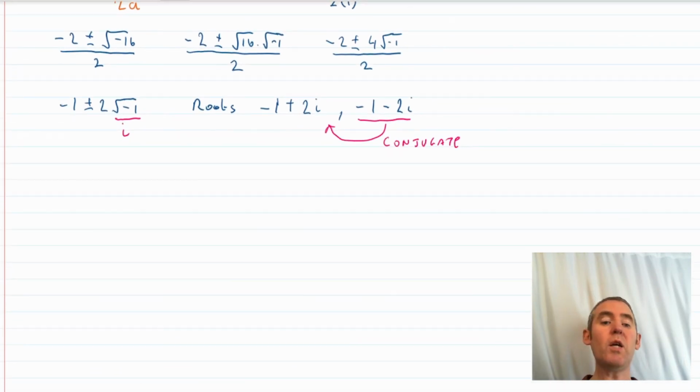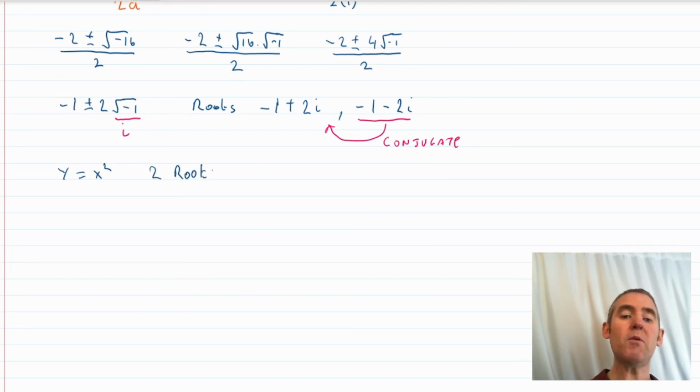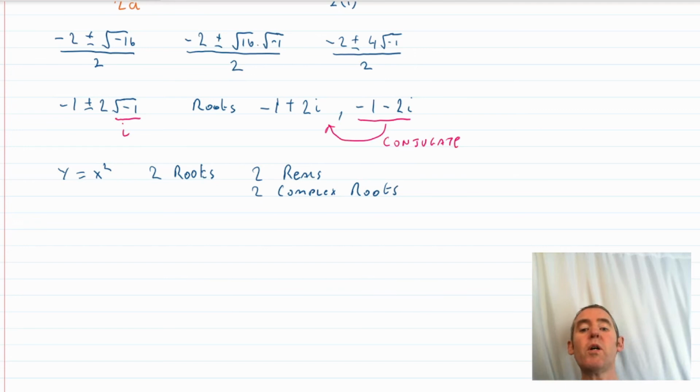So that is the conjugate root theorem. This also has other applications. If you look at y is equal to x squared, that has two roots, but depending on the equation it can have two real roots or two complex roots. But it cannot have one real root and one complex root.